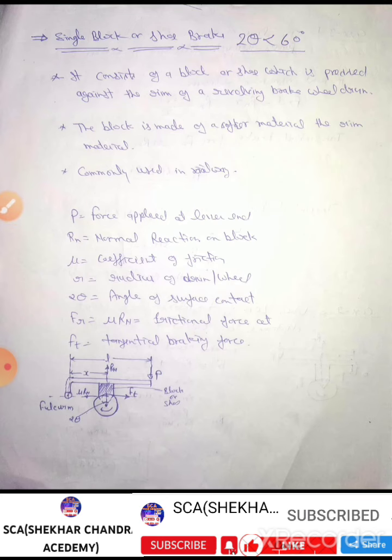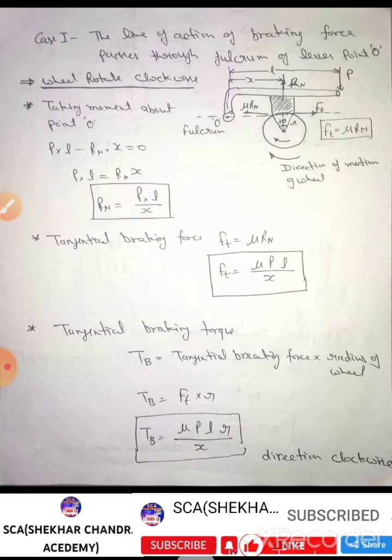Now here case 1. The line of action of braking force passes through the fulcrum of lever, point O. This is point O. Here it is noted that the line of action of braking force passes through the fulcrum at point O. Please see in the figure.